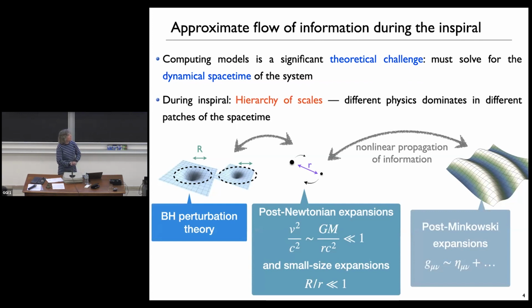So the two are nearly equal, and we make the small size expansion as an independent expansion. And then finally, near null infinity, we do post-Minkowski expansions where space-time is nearly flat with some perturbations, which are the gravitational waves.